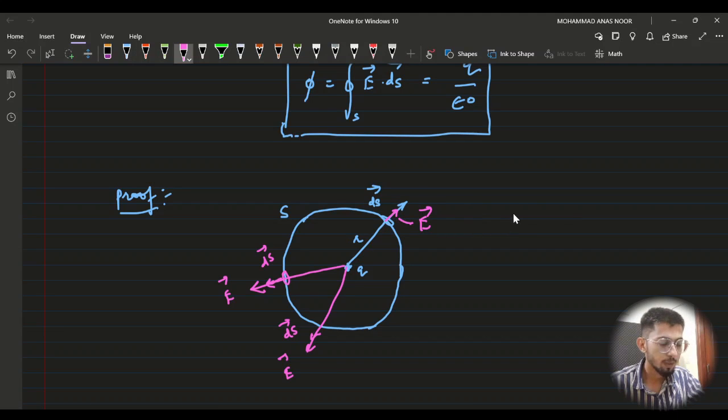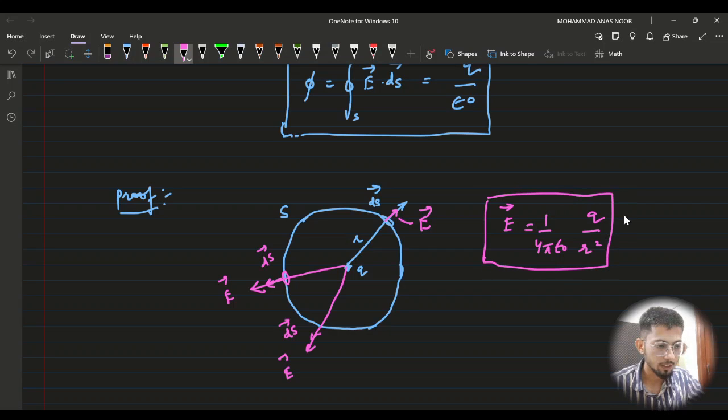Now by normal inspection, what we can say about the electric field due to this charge is 1 by 4 pi epsilon naught q by r squared, and the direction would be radially outward, correct? Now this field points radially outward at all points, so this is the electric field at all points on the surface, the circumference, isn't it?